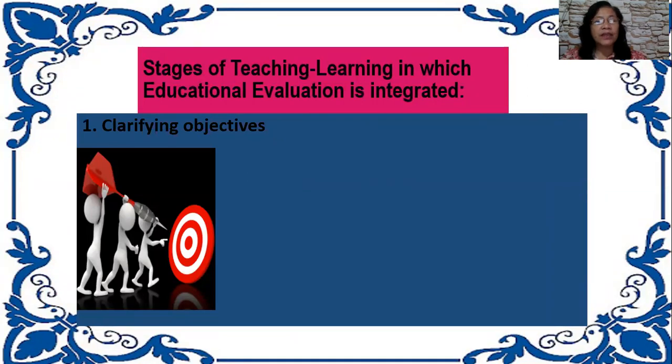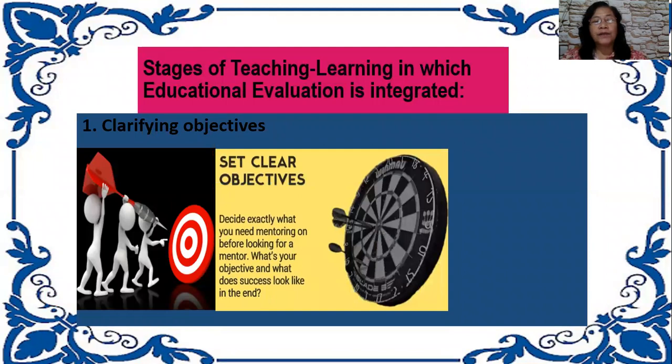You must see to it that you understand what you are aiming for and focus your attention on that particular objective. Then you have to set clear objectives, decide exactly what you need mentoring on before looking for a mentor. What's your objective and what does success look like in the end?